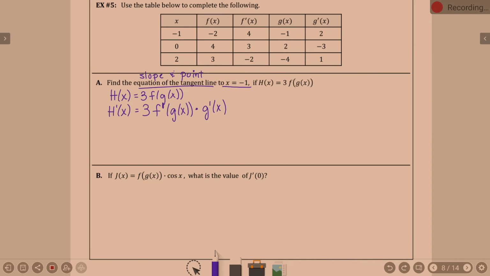Okay, now we need to know the derivative at -1, because this is where we find the slope, right? It's the derivative at -1. So 3 f prime of g of -1 times g prime of -1.